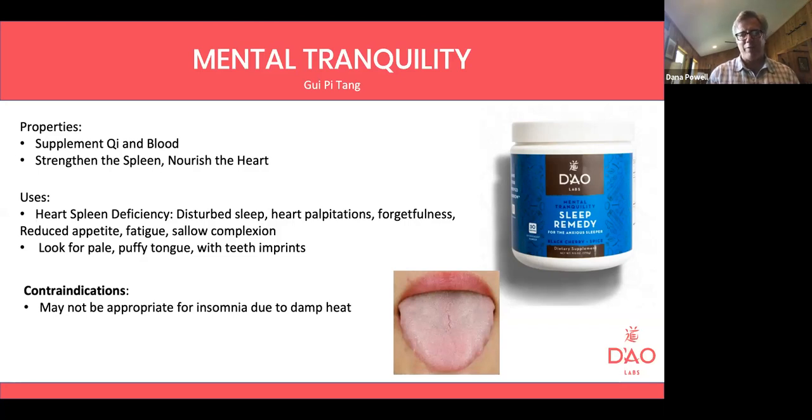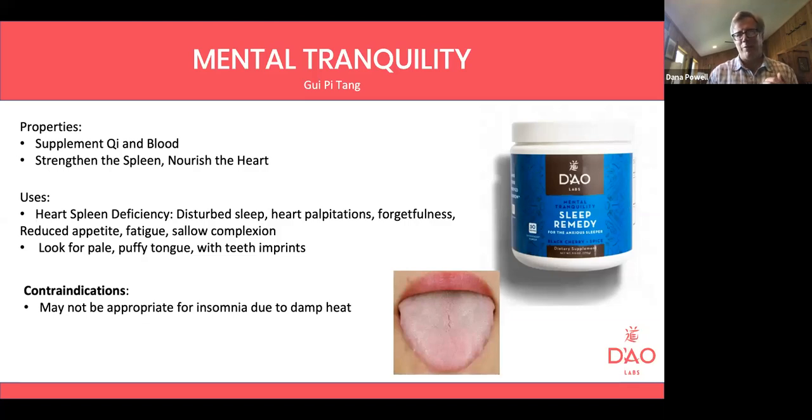Now, in this case, this formula is used very widely for a lot of things, and it's going to be generally pretty safe. But I would say in my experience, it's probably not going to be a great fit for patients, particularly if you're trying to treat insomnia where the real culprit is some sort of damp heat. In this case, you're going to see redness in the tongue.